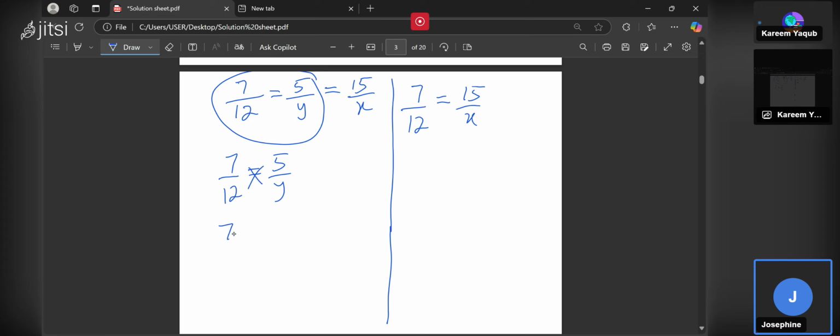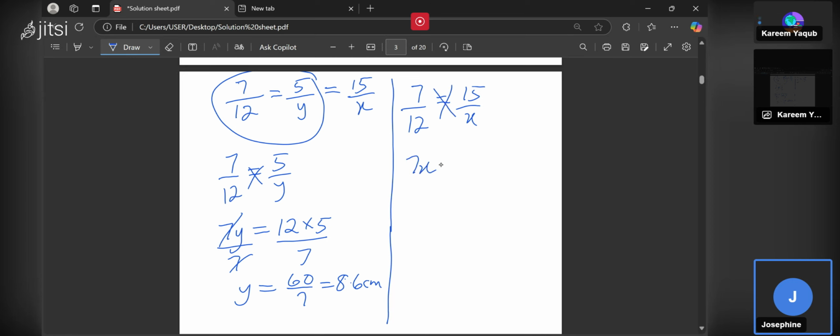You get 7y equals 12 times 5. Divide both sides by 7, 7 cancels 7. Then y equals 60 over 7, which is 8.6 centimeters. The same thing for x: 7x equals 12 times 15.